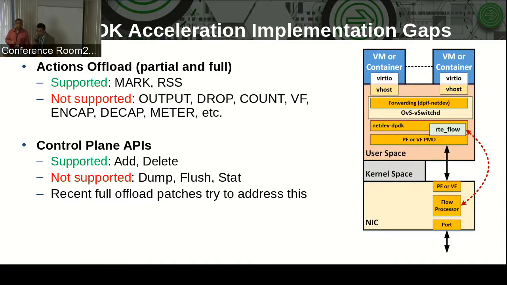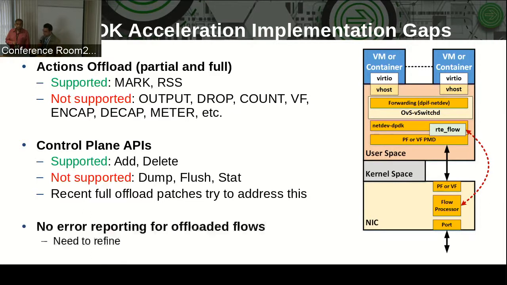Like Hemal said, there is a bunch of recent offload patches that try to address this for full offload. One other area is error reporting. We need a lot of refinement to get the errors properly detected from the PMD and sent up to the stack so that we can take the right steps to handle those errors.